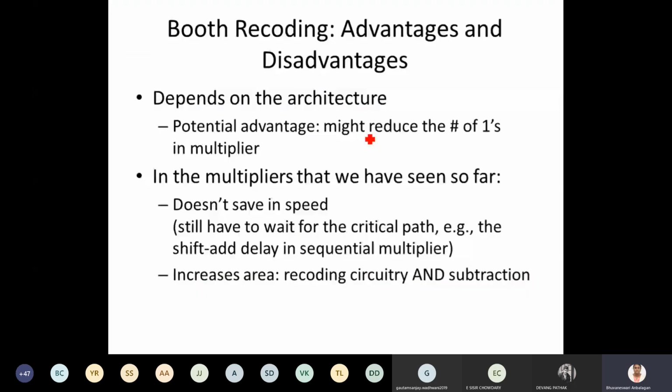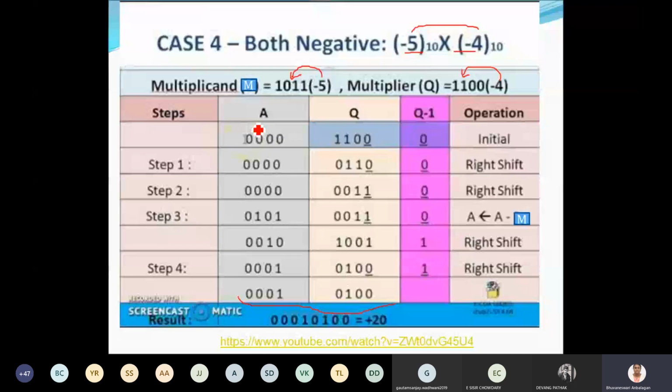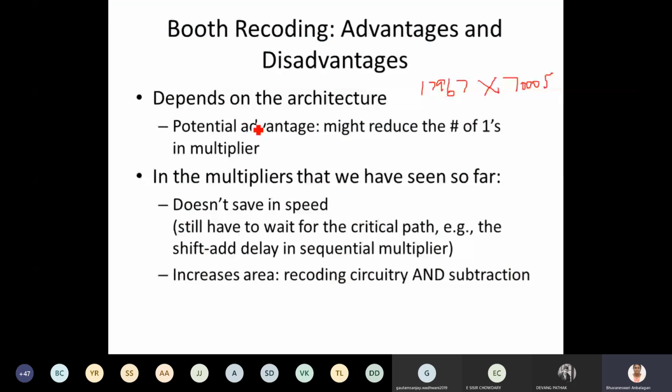Okay, so now what happens if your input is very huge in size? For example, I have to multiply 1796, which is a decimal, into 7005. If you make use of such a huge operation with very big numbers, whether signed or unsigned numbers, this recoding, which we have seen previously, this algorithm will not be suitable because there will be a lot of multiplication involved.